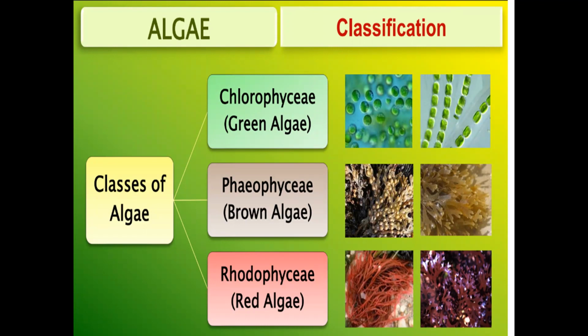Keep ponds clean, C for classes. So division is algae and classes are Chlorophyceae, Phaeophyceae, and Rhodophyceae. We have to study the classes also of most of the divisions. In plants we have division, in animals we have phylum.